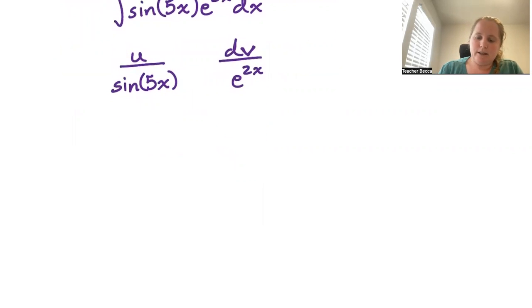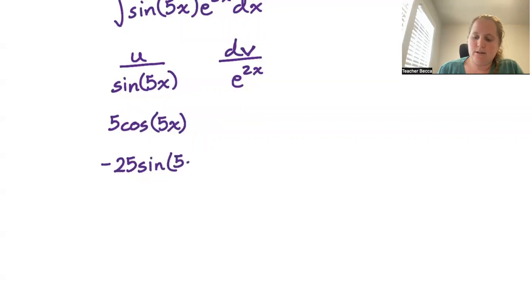Differentiating down the left-hand side, we'll have a 5 cosine of 5x, followed by a negative 25 sine of 5x. I'm going to stop here because I'm going to wind up with my repeat row immediately here. e to the 2x goes to 1/2 e to the 2x, followed by 1/4 e to the 2x.